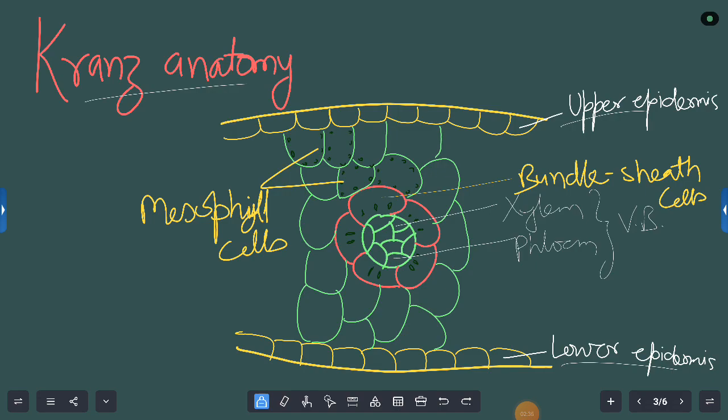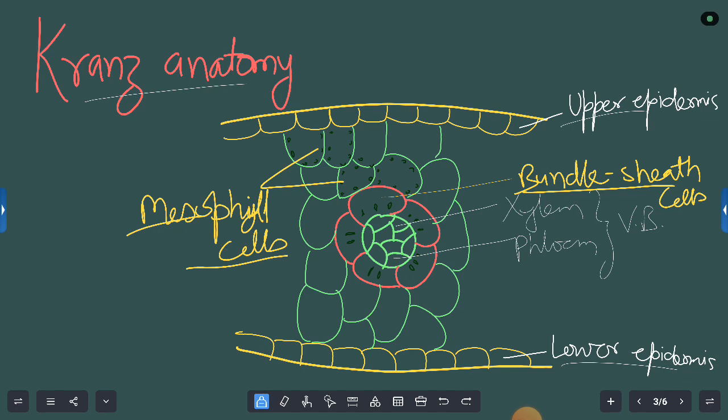The only difference from the C3 plant is that mesophyll cells have chloroplasts as usual, but the bundle sheath chloroplasts don't have grana. This means there are thylakoid membranes, but they are not stacked on one another.